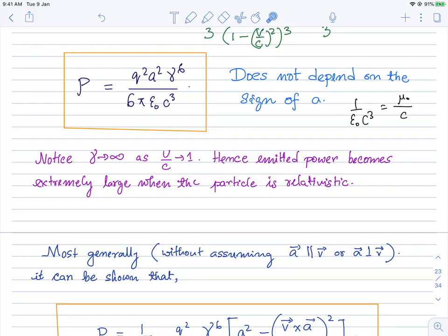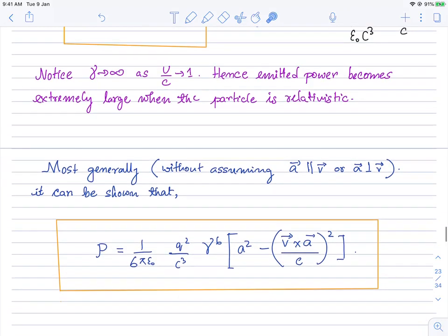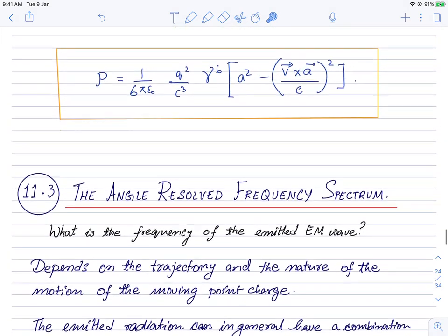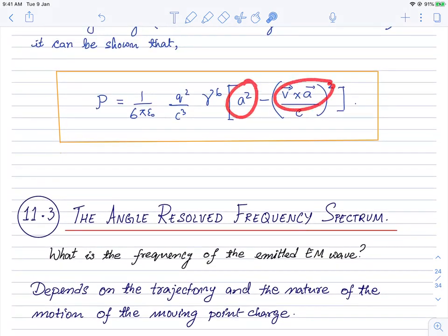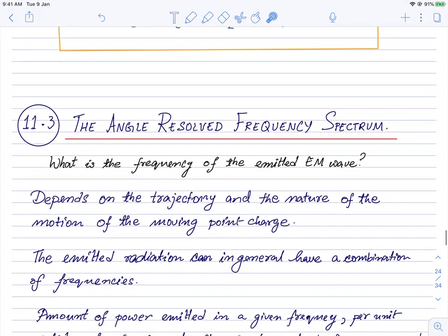It's not like when it accelerates, it emits power, and when it decelerates, it absorbs power. Whenever there is any acceleration, positive or negative, it will emit power because the power emitted depends on a square. So everywhere it depends on the magnitude square, even in the general formula.